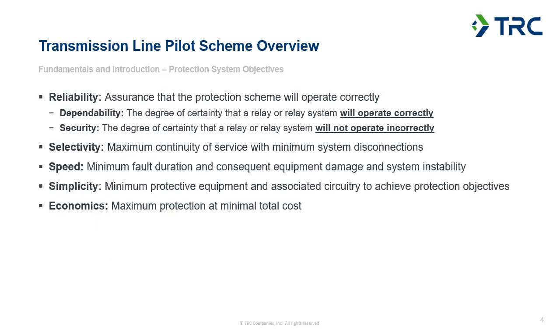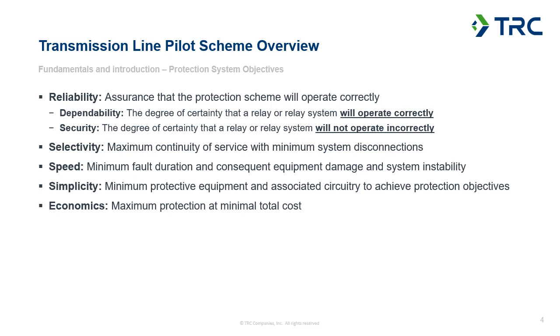So we've gone over these protection system objectives in the other classes, but again, we're going to try to relate our discussion of pilot schemes and the reasons why we'd apply them, why they may be considered a better fit for an application in these terms. So I did want to highlight this again. Really we're looking at reliability, balancing the security and dependability of the scheme.